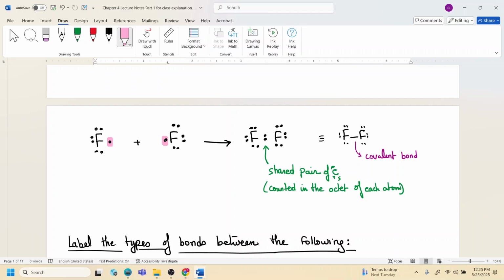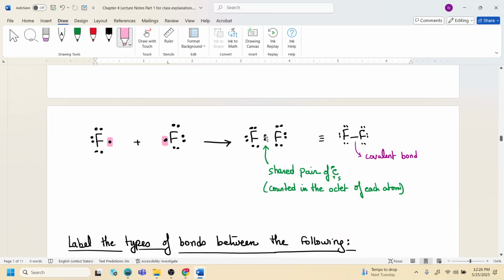These two electrons are being shared, because we know that fluorine lacks 1 electron. So it's going to take it from this fluorine here. And this fluorine lacks 1 electron, so it's going to take it from this fluorine there. So both of them are going to share a pair of electrons. If I want to count the total number of electrons of the fluorine, I would say, okay, fluorine has 8. This one has 8. So both of them are going to be octet.